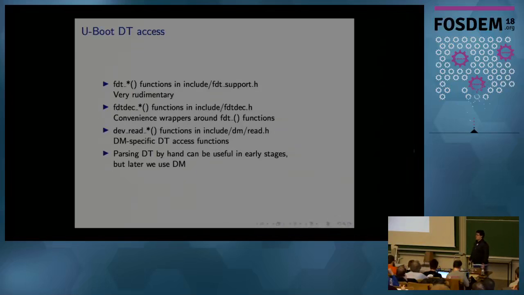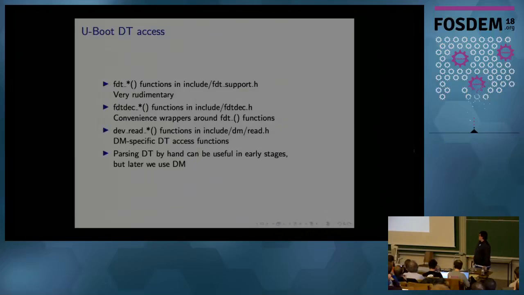Right, so now that we have the device tree set up, if you look into the sources, you will see that there's a gazillion of functions which are used to access the device tree, so this slide tries to make it more understandable. You'll see that there are functions which use the fdt prefix. These are coming from libfdt and they have a boatload of boilerplate code all over them. You ideally shouldn't use them unless you need to do something really obscure with the device tree, because you'll have to go through all the boilerplate.